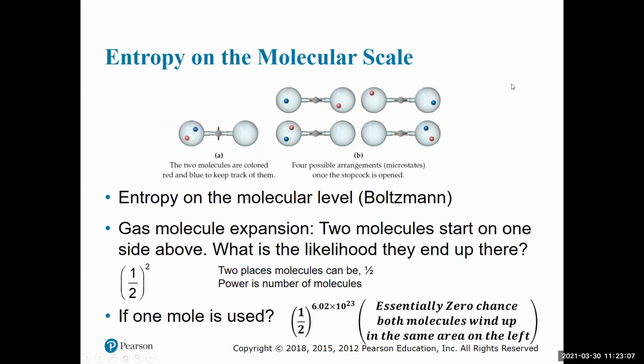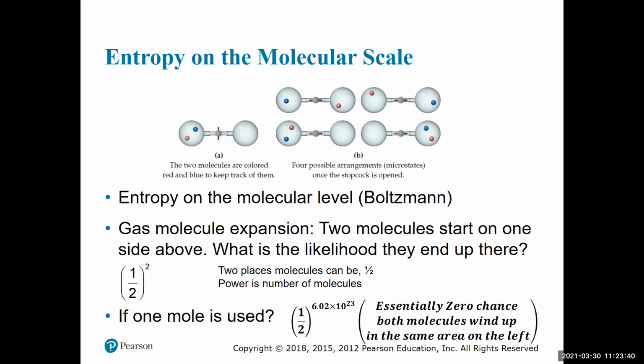So let's take a look at entropy on a molecular scale. We're headed towards this area of study called thermodynamics. And thermodynamics is more studying this on a more macro type scale. But to get there, first we need to talk a little bit about what it is on the molecular scale. And so here we have a figure at the top, and let's start over here on the left.